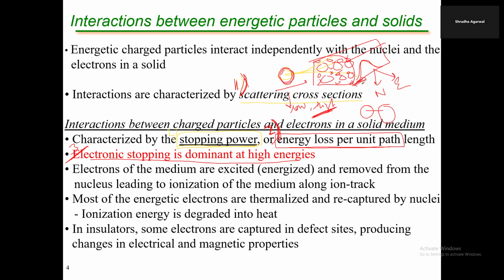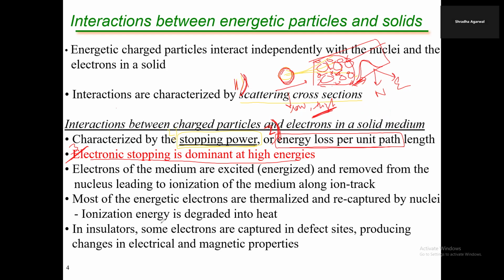And that all comes from the interaction of the incoming ion with the electrons of the material. So another takeaway is that electronic stopping is dominant at high energies, right? Makes sense, guys? I'm trying to be very in-depth because this is a very important concept.